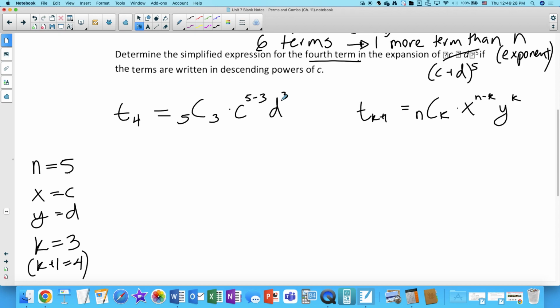Okay, and then piece by piece, we can look at each part of this term. So 5 choose 3 is 10. This is c squared, and this is d cubed. And that's the 4th term in this expansion.